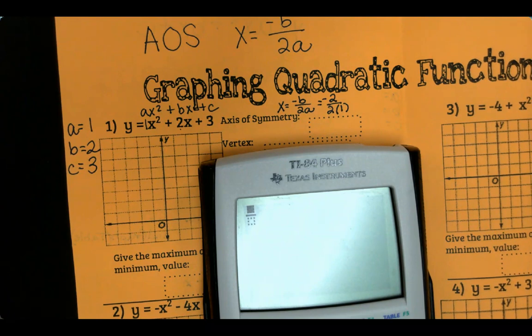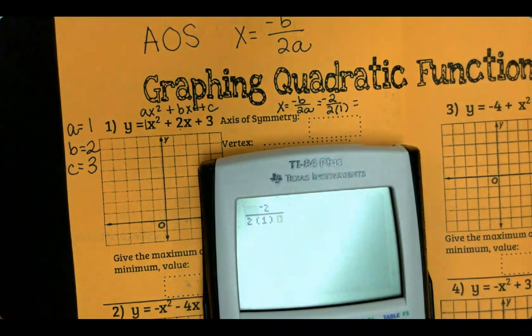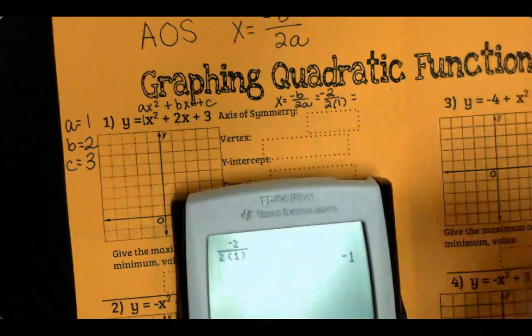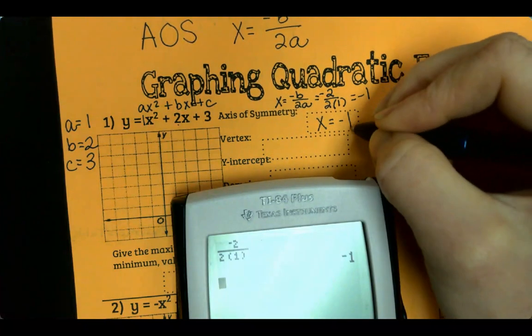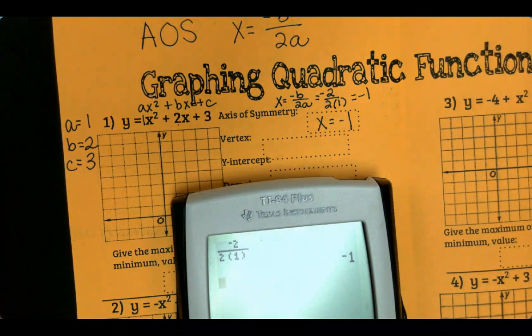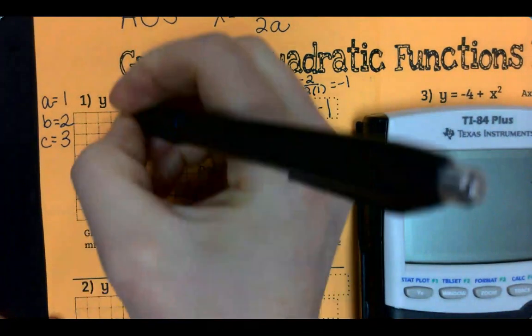I want everybody to practice putting them in their calculator. Negative 2 over 2 times 1. Negative 1. So our axis of symmetry is x equals negative 1. Remember, the axis of symmetry is the number that divides the parabola in half. It's a dotted line that we draw. So go ahead and draw the dotted line on negative 1.